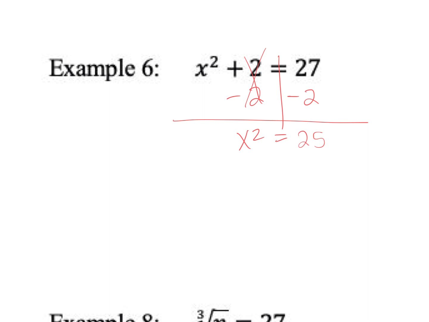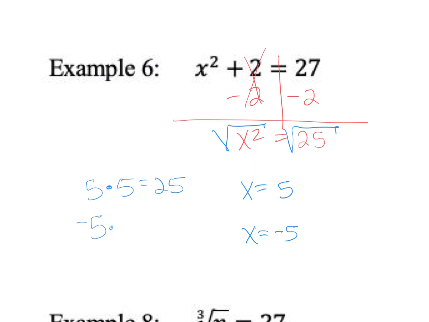I see a square, so that means I'm going to square root both sides. So then x is going to equal 5. Oh, but that's a square root. That means we're also going to have x equals -5, because 5 times 5 is 25. -5 times -5 is also a positive 25. This is the reason why we have both of them.